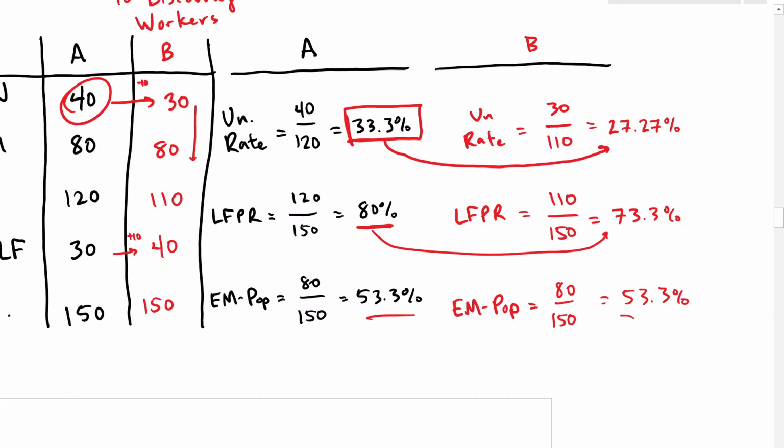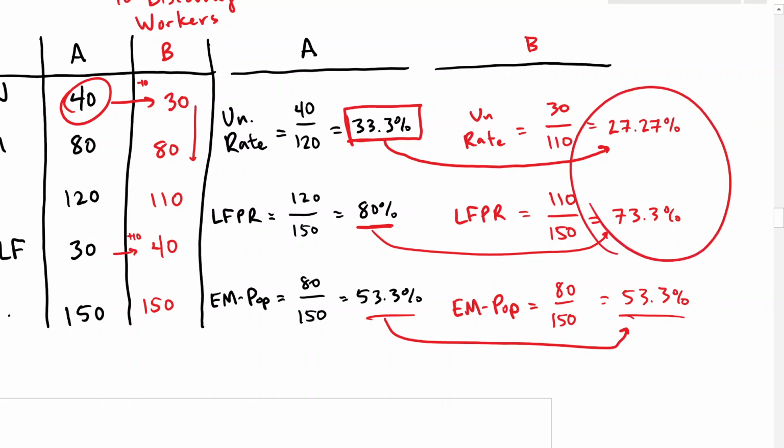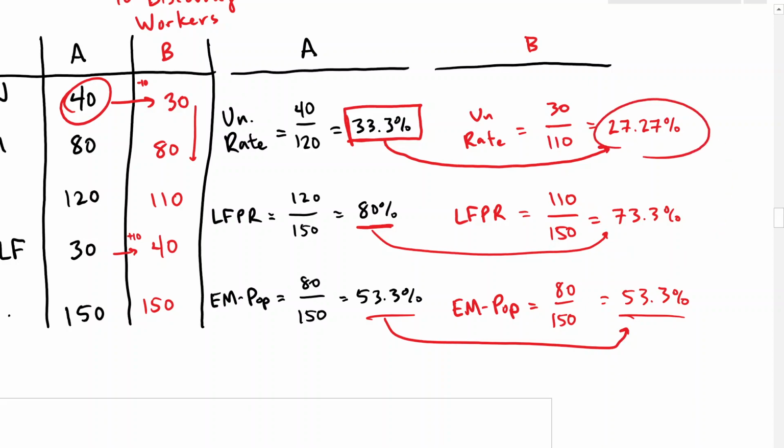Okay, and so basically, if we see that the employment population ratio is the same or hasn't changed much, then by looking at these two statistics, we can see that unemployment has gone down, but the labor force participation rate has also gone down by quite a bit.